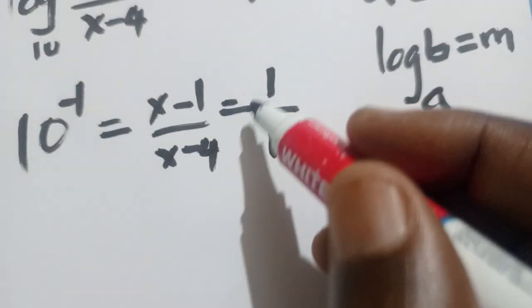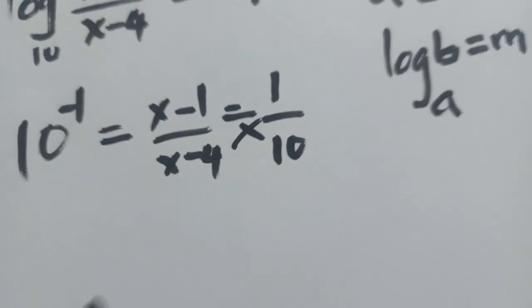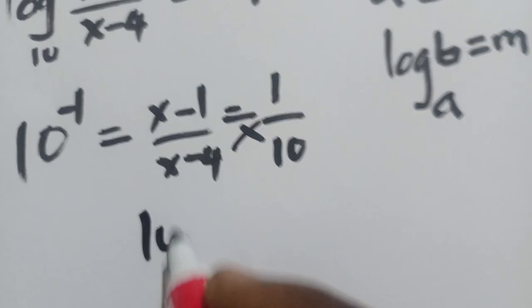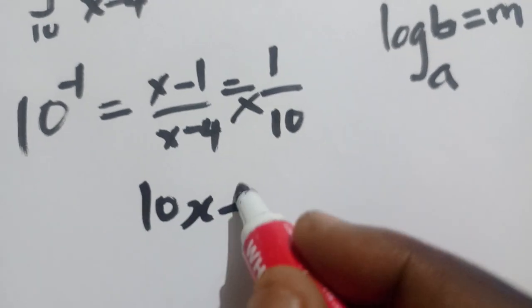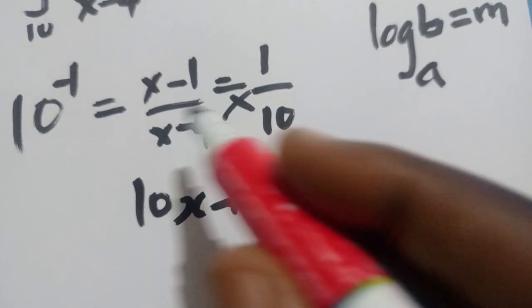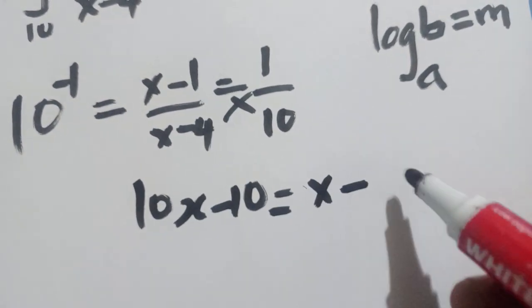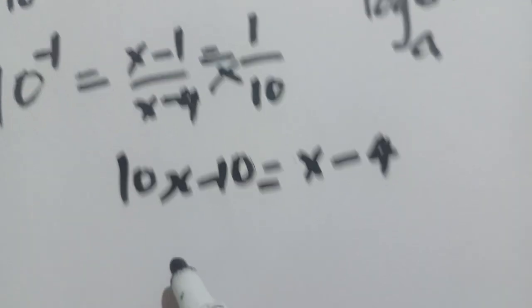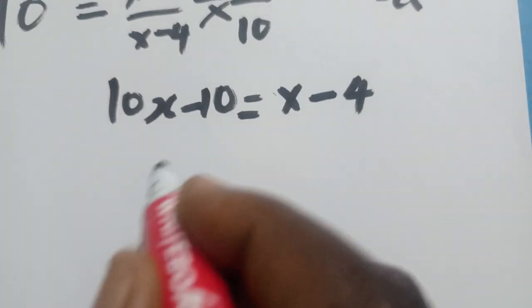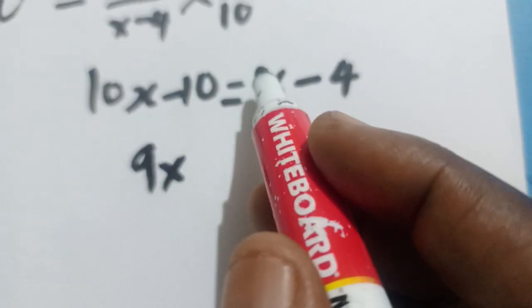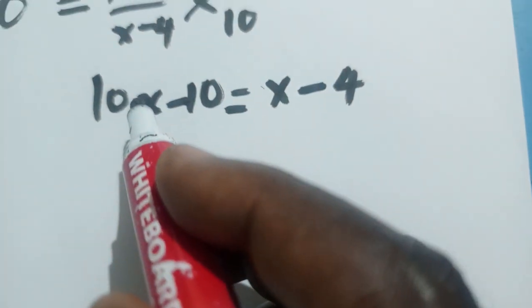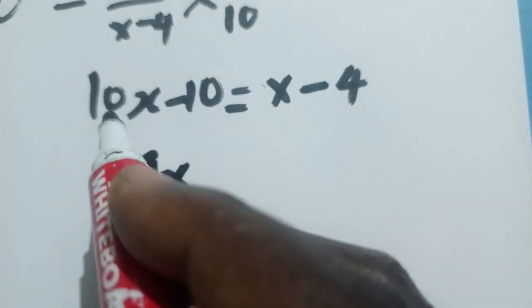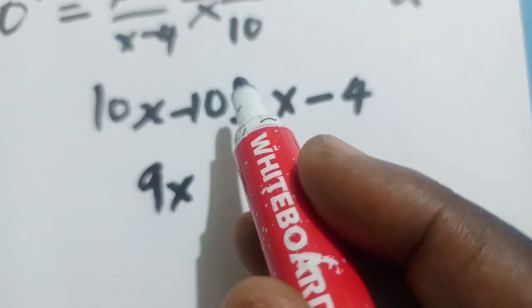Then from here we do our cross multiplication, so that we have 10x minus 10 is equal to x minus 4, when you multiply this 1 by x minus 4. Then collecting like terms, when you bring this x to the other side, it will be a negative x. So we have 10x minus x, which is 9x.